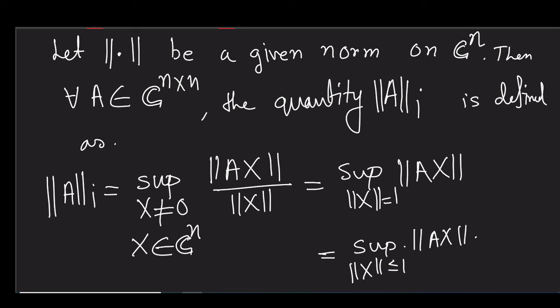This is called the induced matrix norm or induced norm of A, corresponding to what we are familiar with, the vector norm, right?